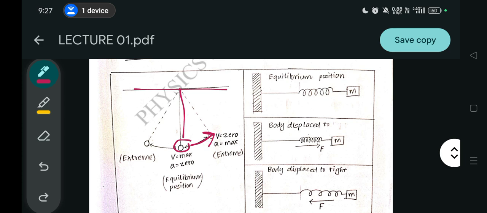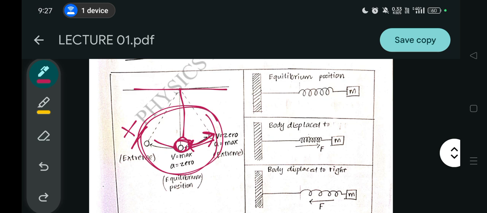What are these things? First, the bob will move faster as it comes towards the mean position. Second, the speed will be maximum at the mean position. Third, the bob cannot reach further after a certain limit, and this complete motion gradually ends after a certain time.